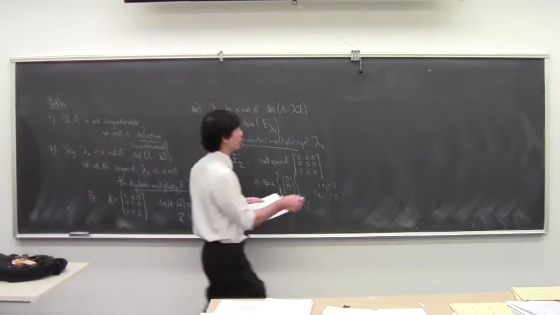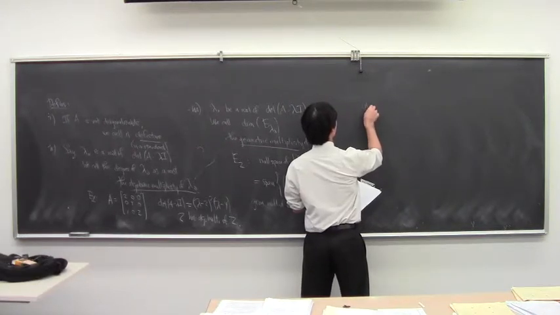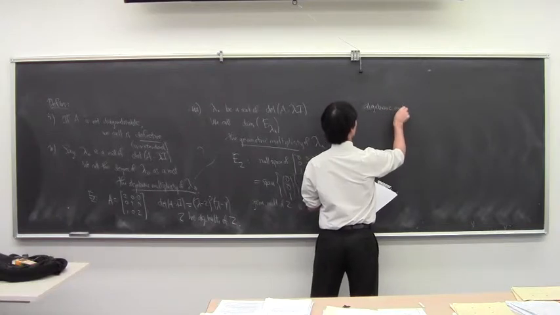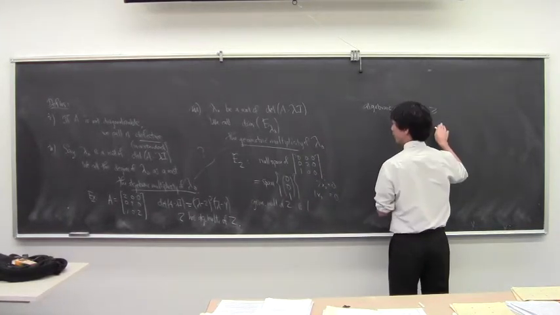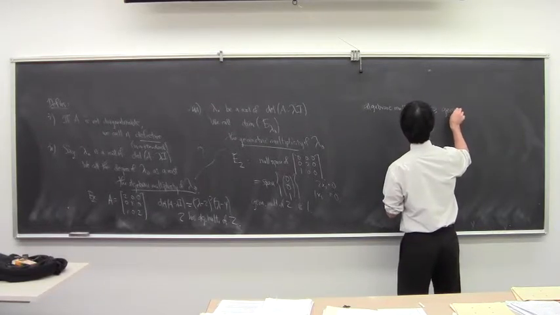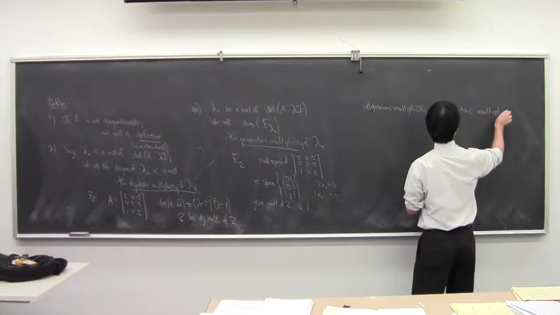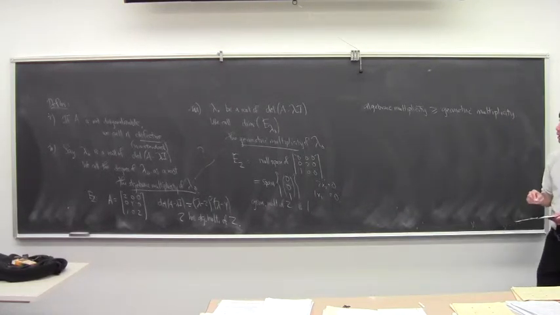So this is what we're guessing, that the algebraic multiplicity is some sort of bound, some sort of control on the dimension of the eigenspace.